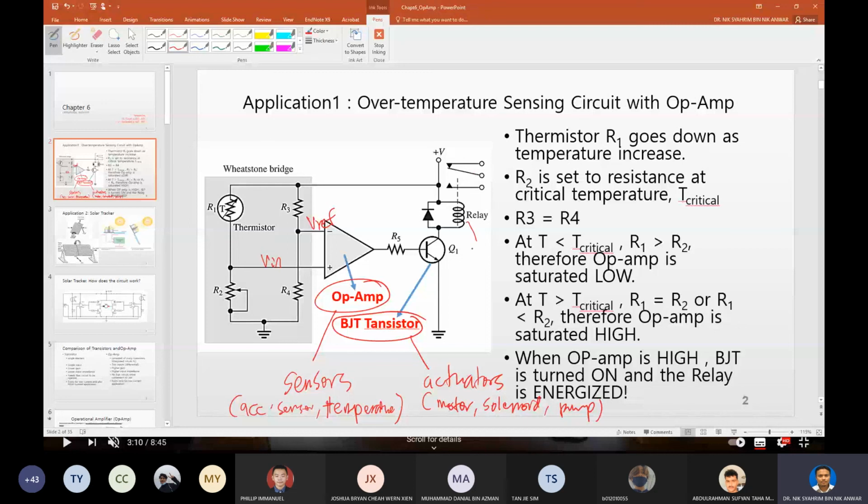It will act like a magnet. Once you have a current flowing here, the relay will be energized, so it will pull the contact here to this one. So it will turn on, for example, an air conditioner. If you want to turn on the aircon at a certain temperature, this is the type of circuitry that you will need.